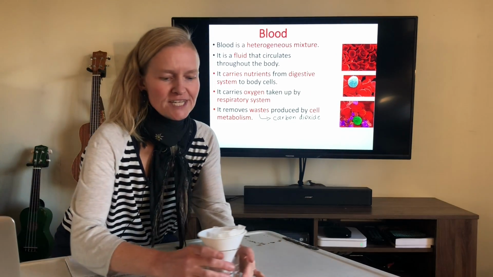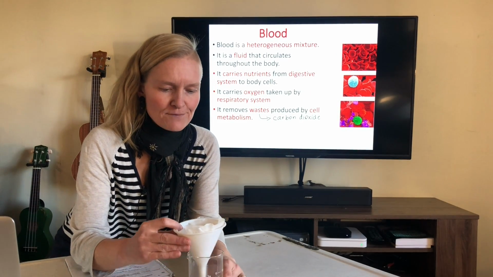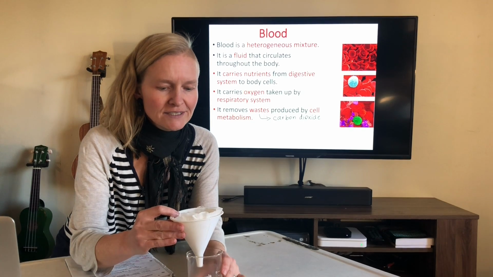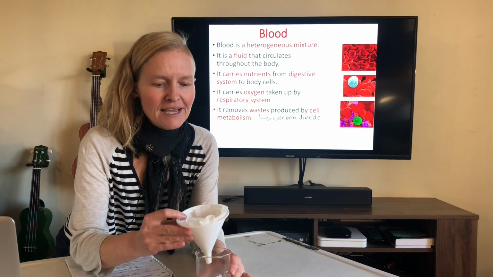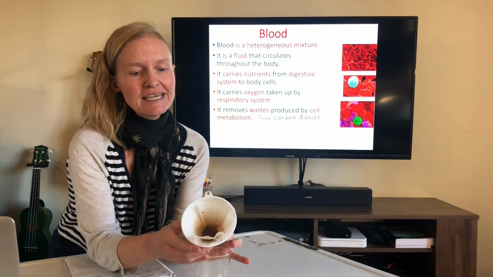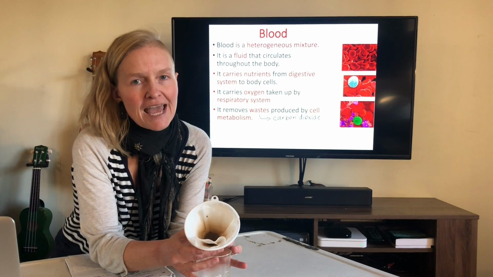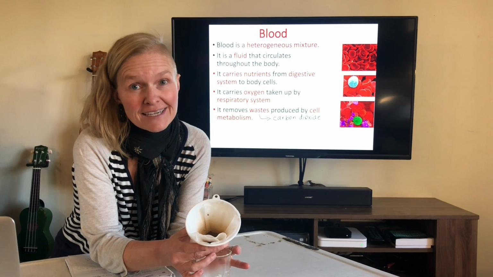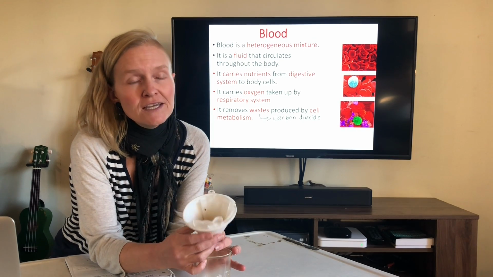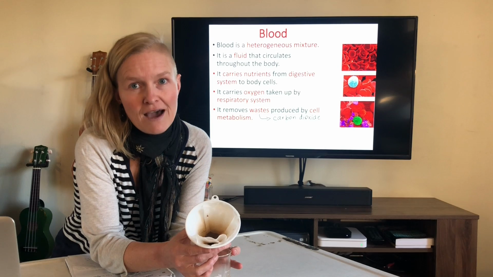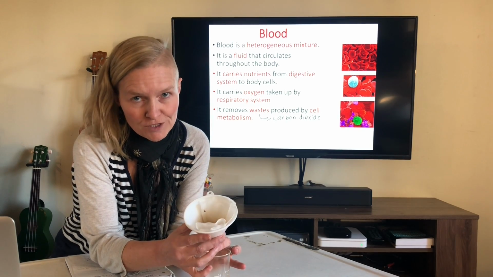All right, so we're just going to have a look at this mixture right here. And what you can see is when I poured out the mixture, the sand has been left behind in the coffee filter. So this is a mechanical way of separating this mixture.